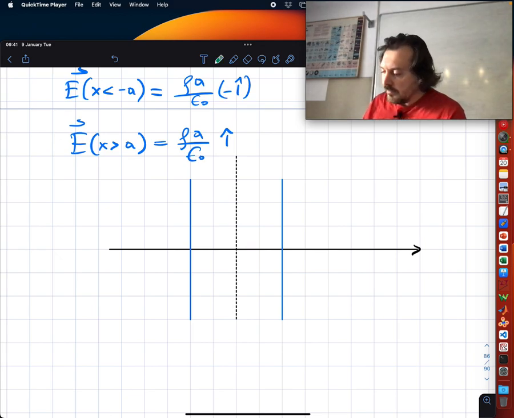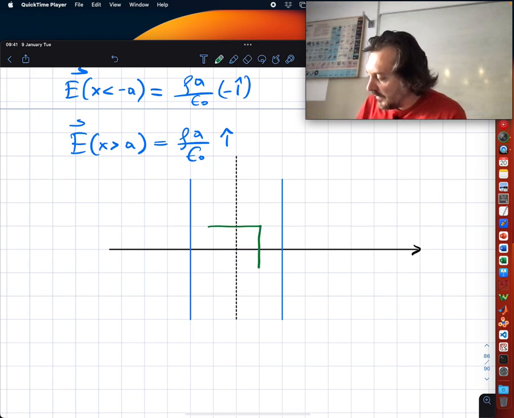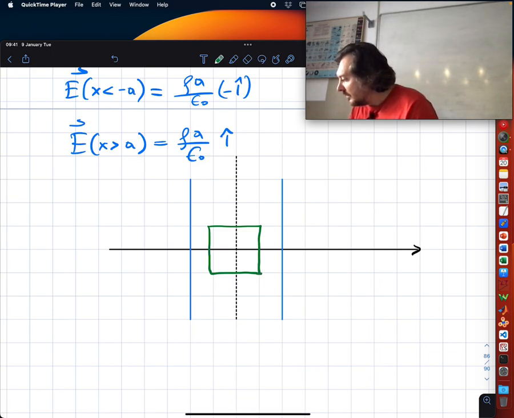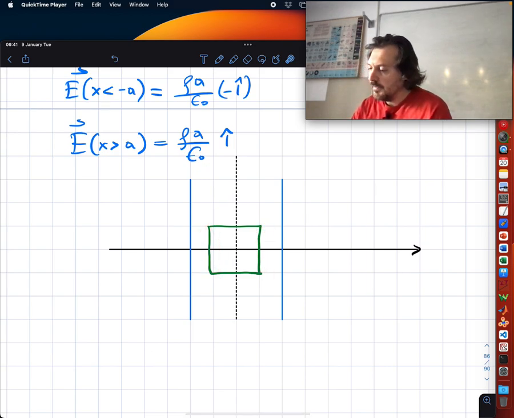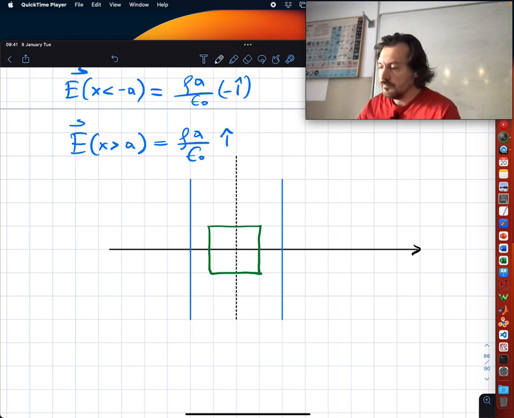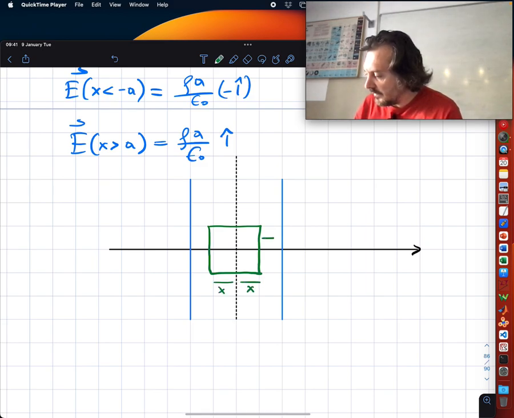Well, for this one, I am inside, and let me just draw this symmetric Gauss surface. Remember, this is the surface over here, and this distance is x. Let's say this is x, and there is some electric field here that depends on x.